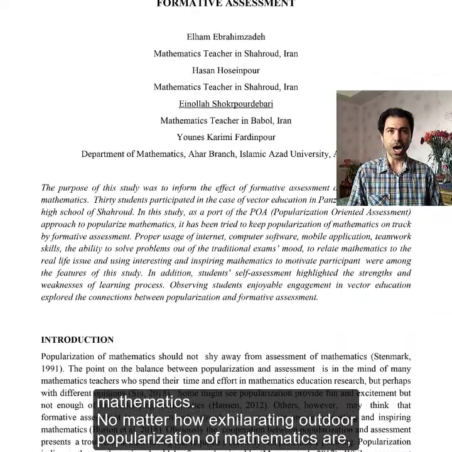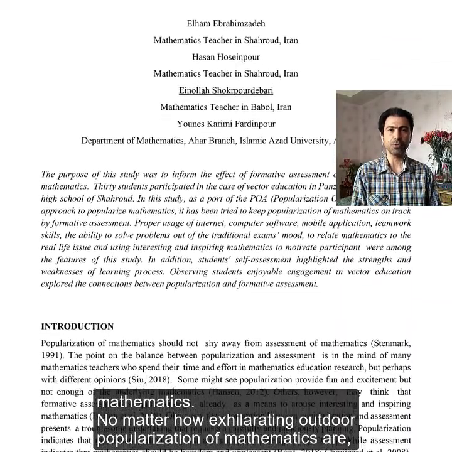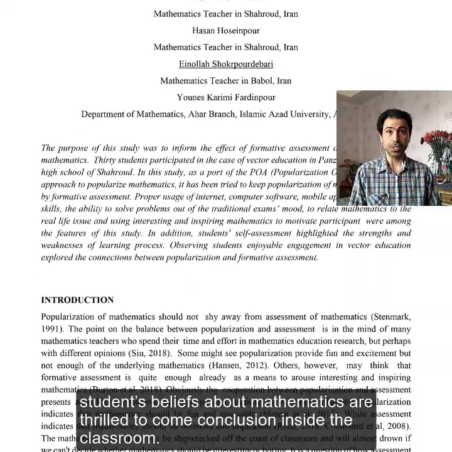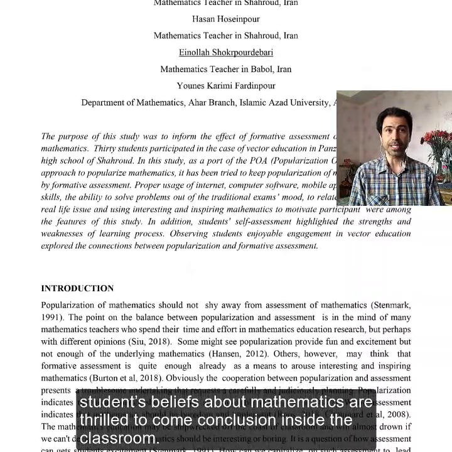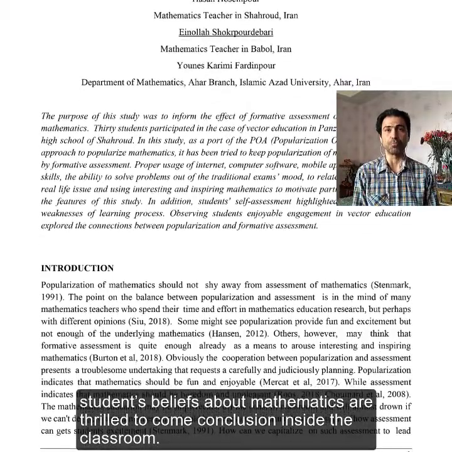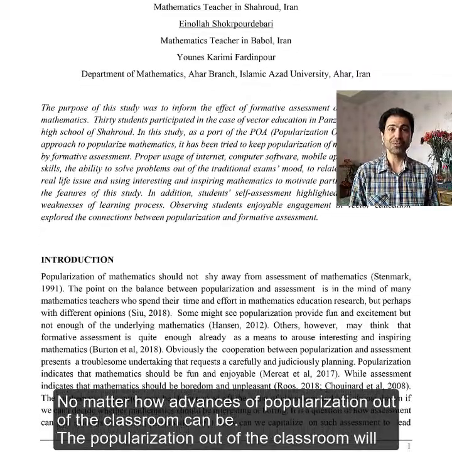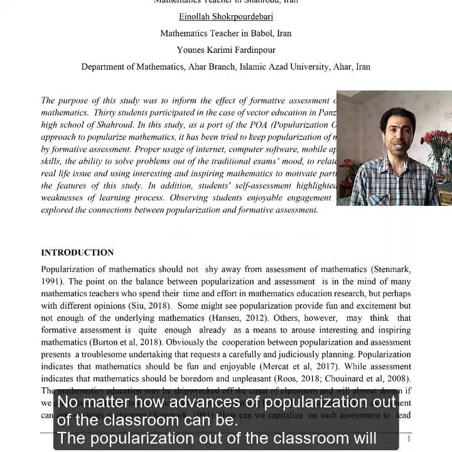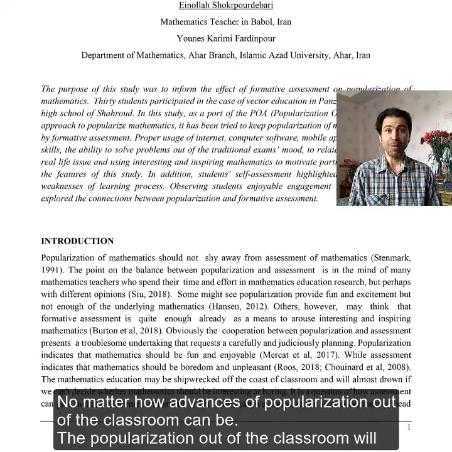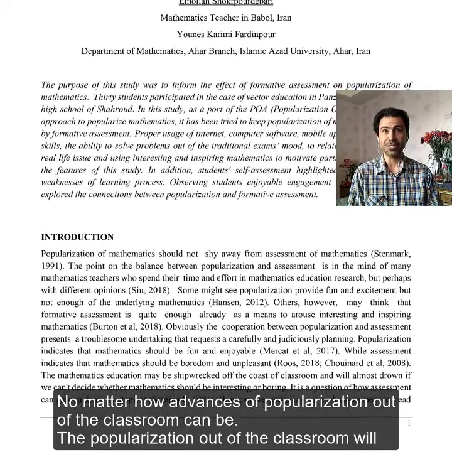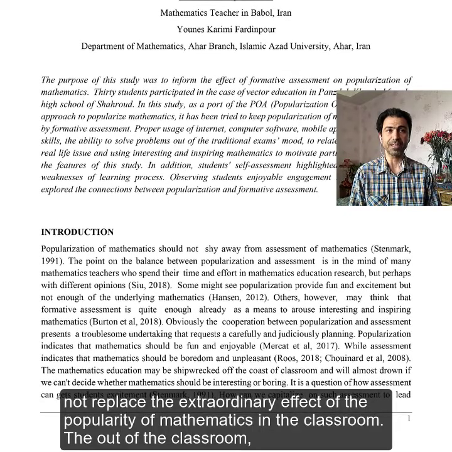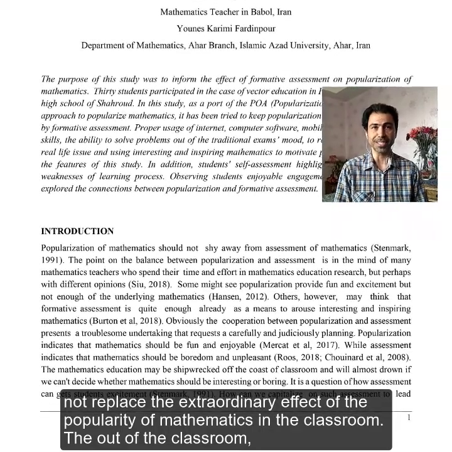No matter how exhilarating outdoor popularization of mathematics is, students' beliefs about mathematics are brought to a calm conclusion inside the classroom. No matter how advanced popularization outside the classroom can be, it will not replace the extraordinary effect of the popularization of mathematics in the classroom.